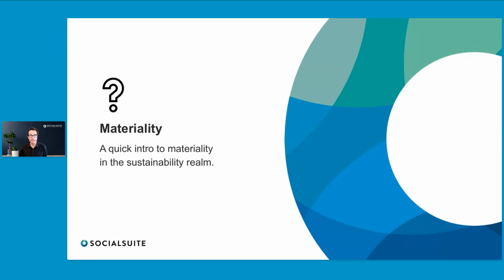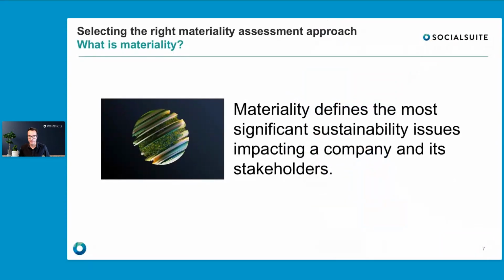So first of all, a quick introduction into materiality. Materiality really is about defining the most significant sustainability issues that are impacting your company, so from a financial point of view, but also how the company is impacting its stakeholders at large. And think about stakeholders as the external world, so people, planet, society. So that's at a very high level.